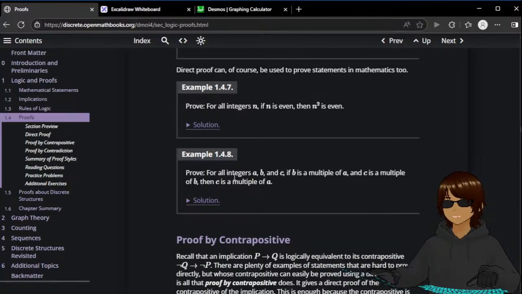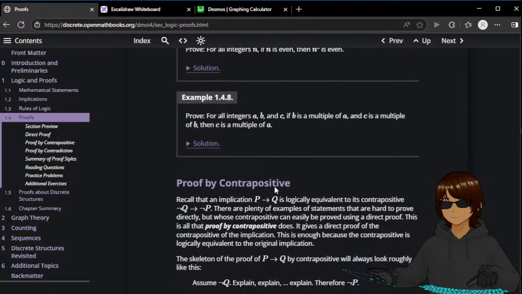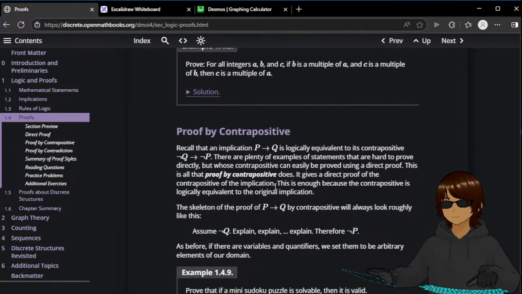For all integers a, b, and c, if b is a multiple of a and c is a multiple of b, then c is a multiple of a. So if b is equal to ka and c is equal to jb, then c is equal to jka, right? So c is a multiple of a.